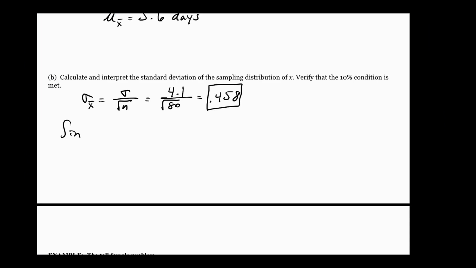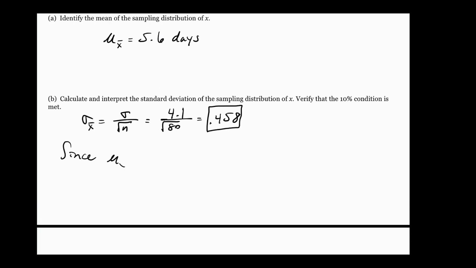Since the average of all of those samples would be 5.6, if I took all of those samples of 80, found the average of all of them, it would be 5.6. But that refers to just one.